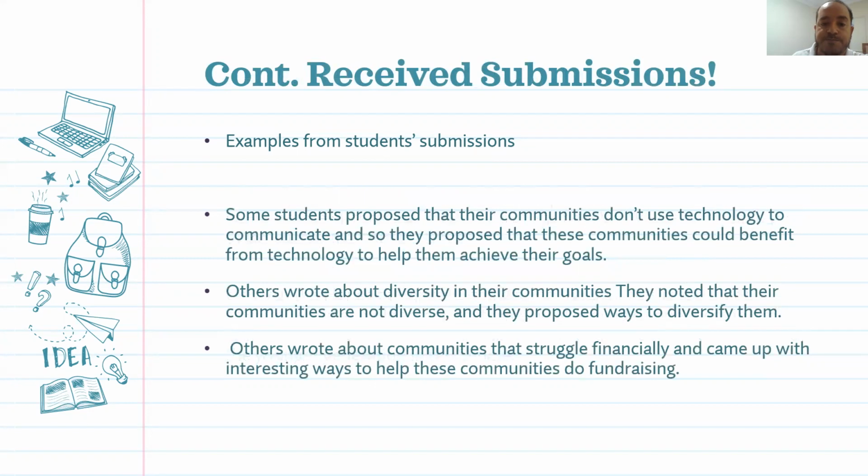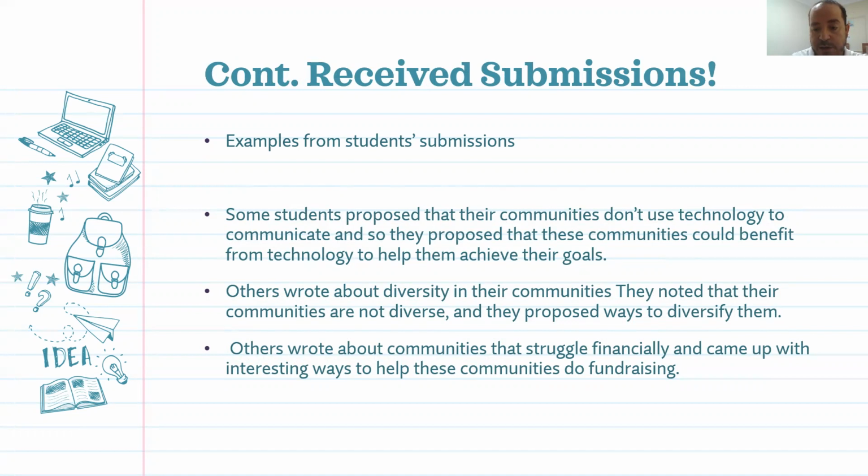Okay, so some students talked about their communities, saying that they don't use technology, and they proposed actions and ideas so that their communities could benefit from the emerging technology. Other students wrote about diversity in their communities. They felt that their communities are not diverse, and they proposed ways to diversify them.